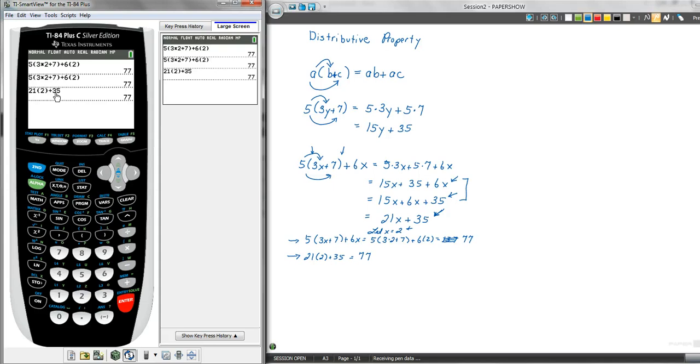So one last example. Let's go ahead up here, and we're going to use 6 times 2x plus 4y, and then plus 10 times 4x plus 3y. Okay, so again, we want to get rid of the parentheses.